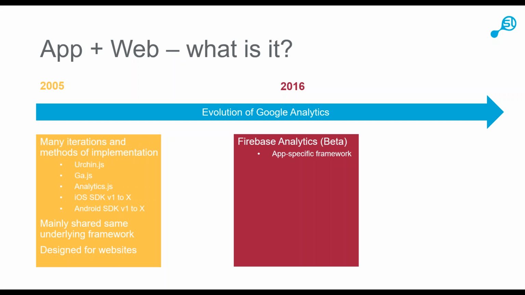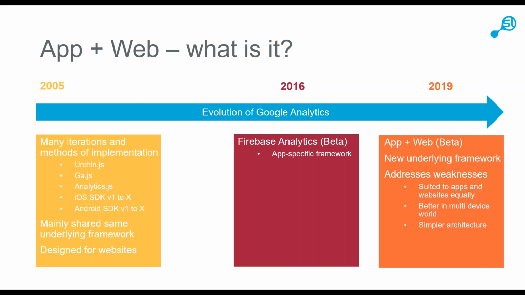So you could always use Google Analytics, the old version, to track apps, but they had this separate version which they were starting to encourage people to use, and it was a different way of tracking, not related to the old version. And then, at the end of last year, Google announced what they're calling App and Web Properties, which is basically their next generation Google Analytics platform.